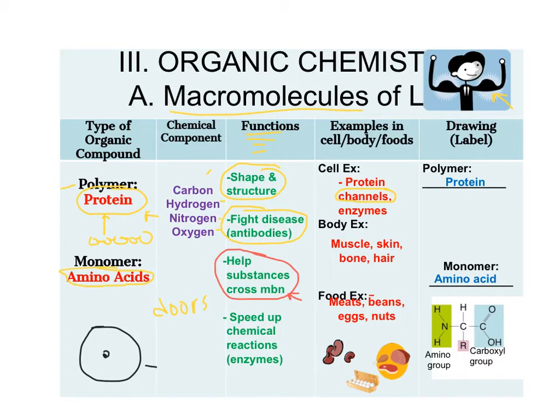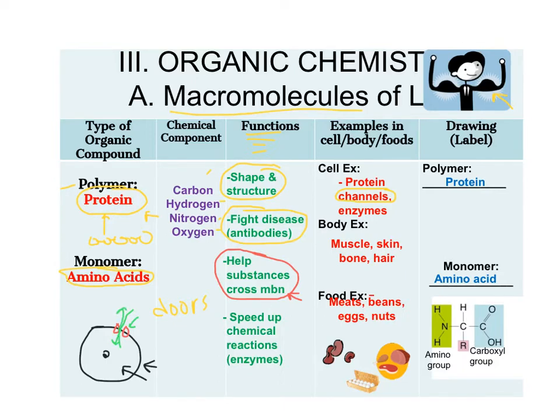Well, how do things get in and out? Some things can move in and out freely. They go straight through the cell membrane, things like oxygen and carbon dioxide. Other things need a little door, like bigger things such as glucose. Even water needs a little door. And those doors are made of proteins, which allow large or polar molecules to enter or leave the cell.